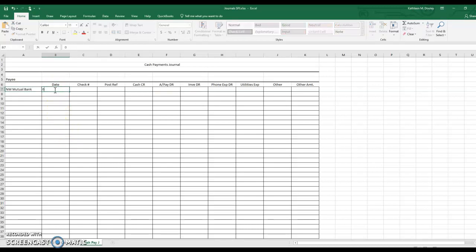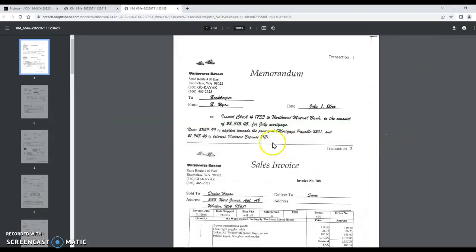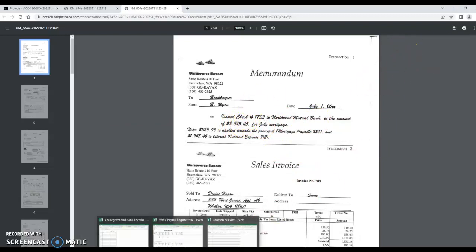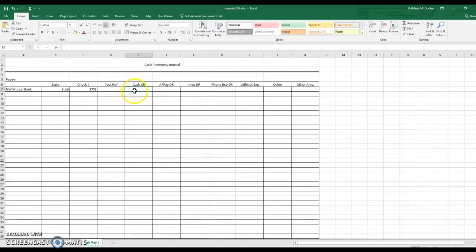And the date, July 1st. And the check was 1753. And the total is $23,15.45. So that's how much we're crediting cash for.